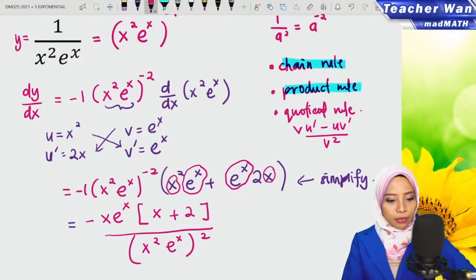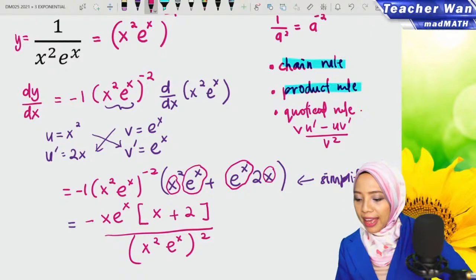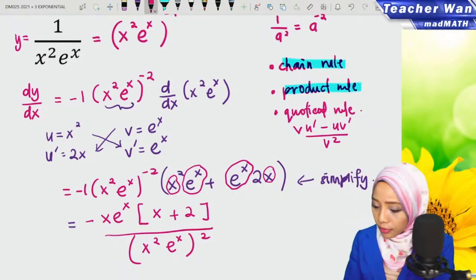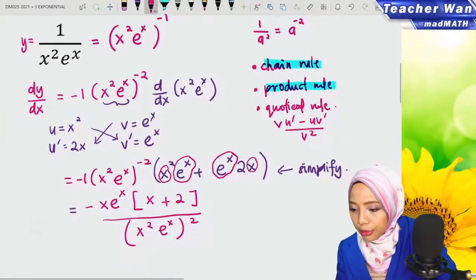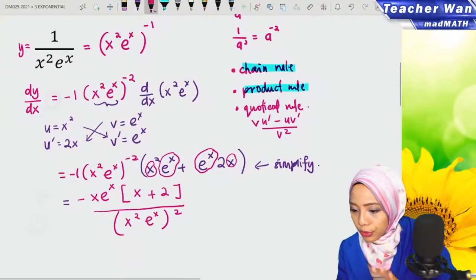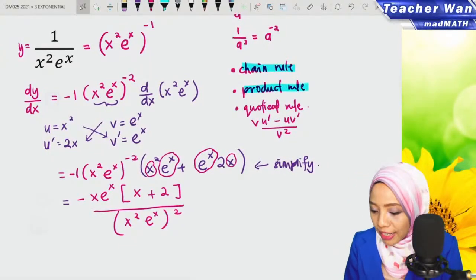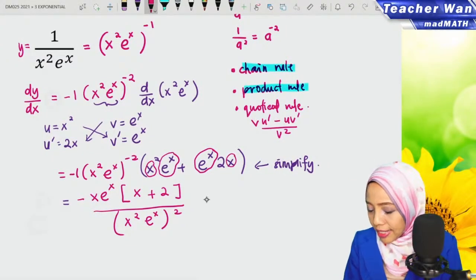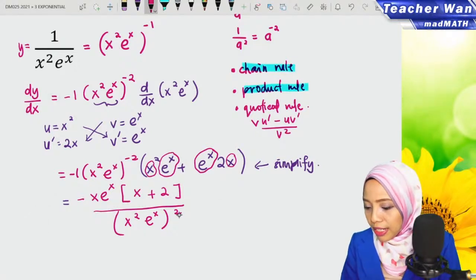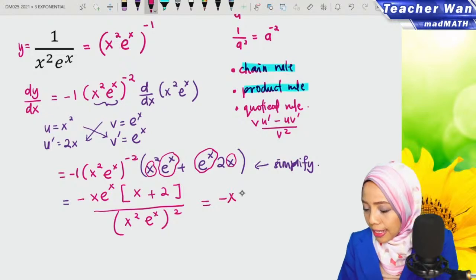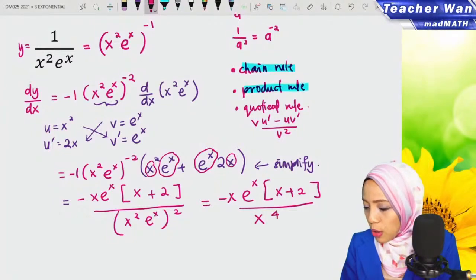So far so good. What we are going to do next is square this: negative x, exponent x plus 2 over x to the power of 4.